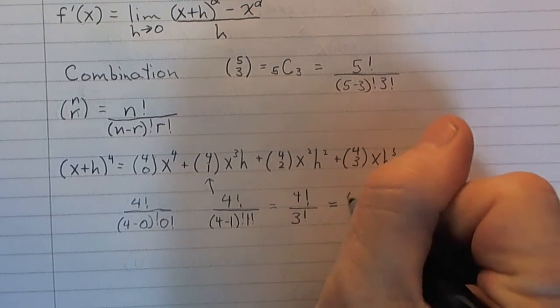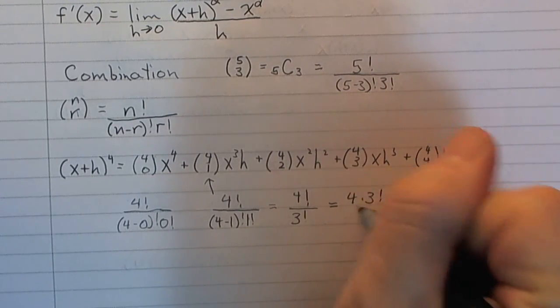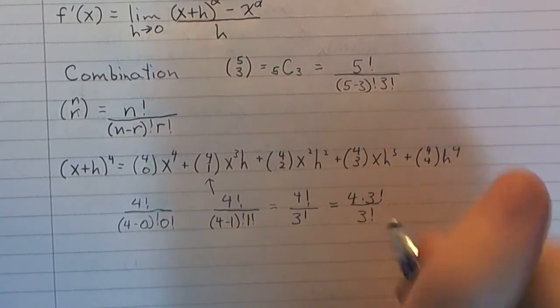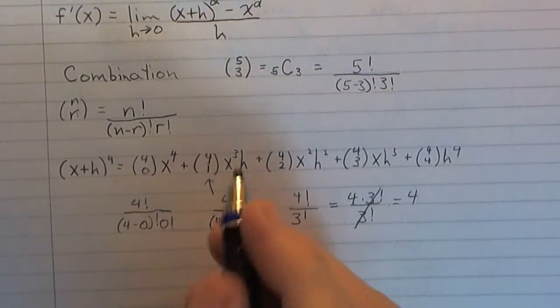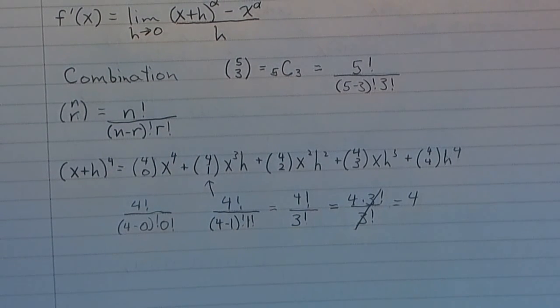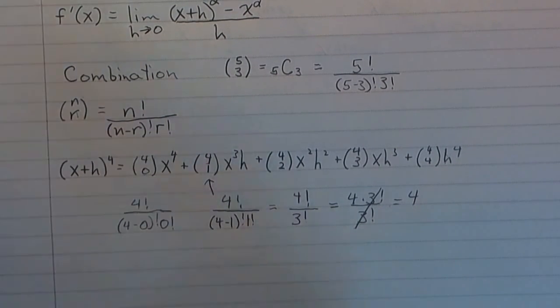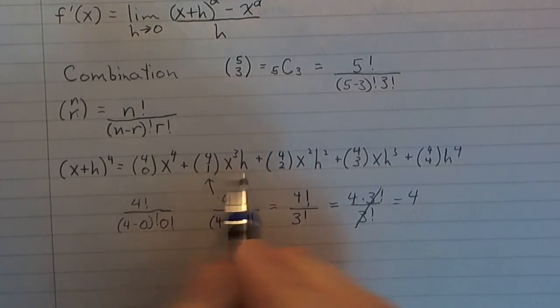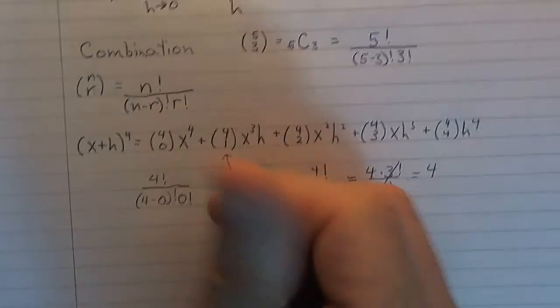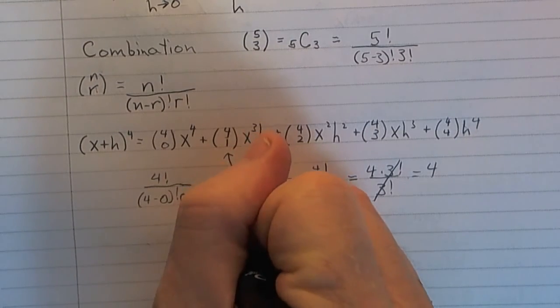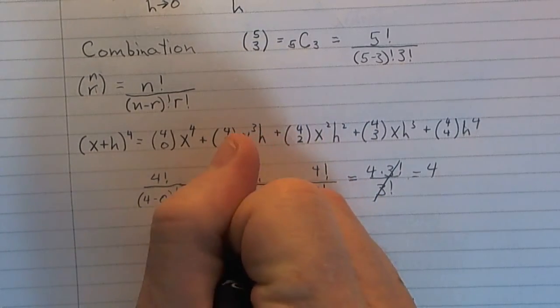And we could write that as 4 times 3 factorial over 3 factorial, right? And that's just 4. So notice this first term here is 4. Now that's something I want to focus on, because notice, this second term in a binomial expansion is always going to be n factorial.